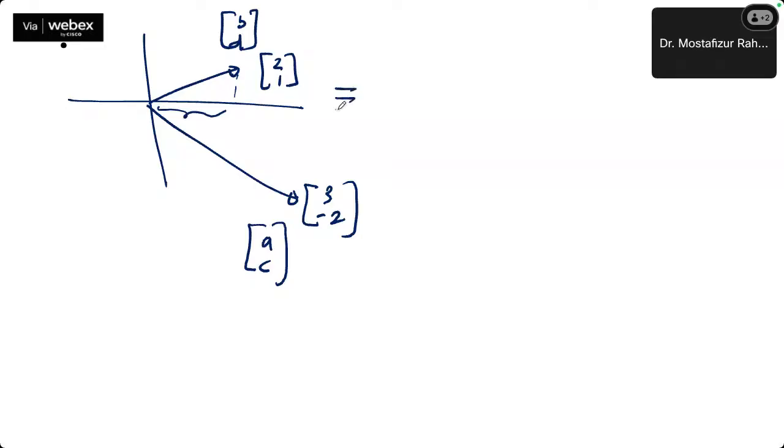So we can represent this in a matrix fashion, where 3, -2 you can represent as the first column, and the second vector you can represent as 2, 1. So it's a 2 cross 2 matrix.